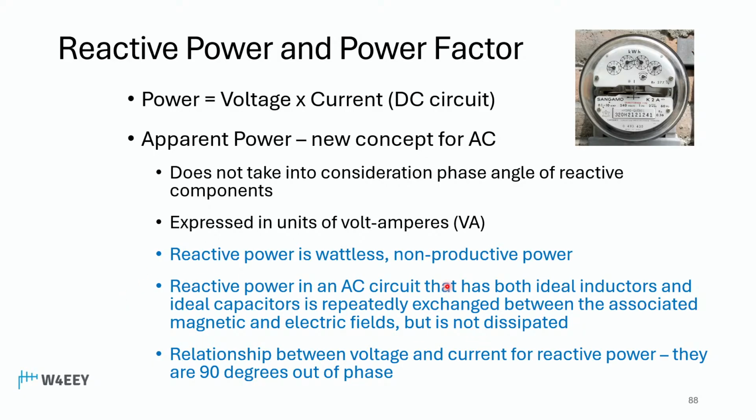That is just kind of a way of saying the same thing as this one, but these are two separate pool questions. And the relationship between voltage and current for reactive power, they are 90 degrees out of phase, just like we saw before. But in this case, we're talking about power that would be drawn from your house, 120 volt power, for example.